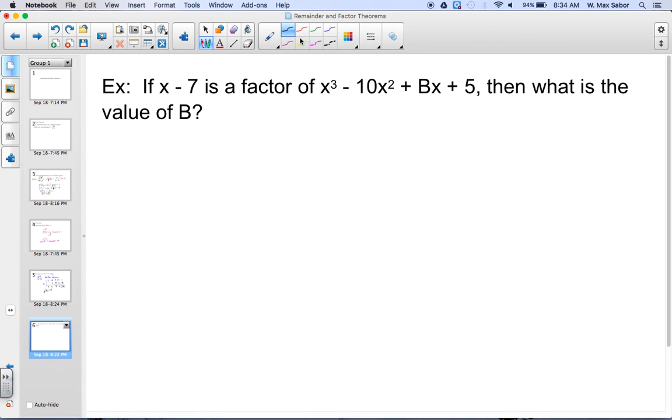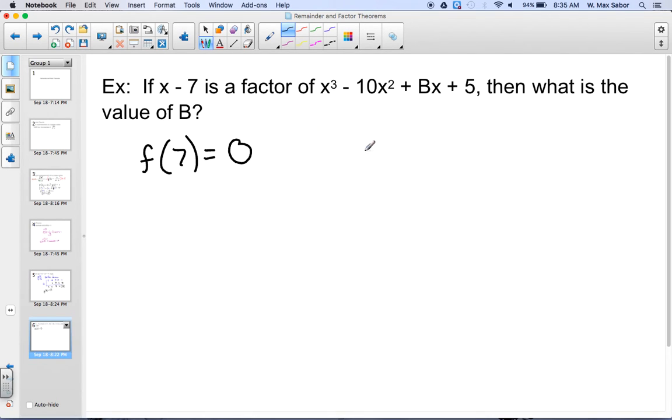If this is a factor of that polynomial, then what is the value of b? So in this particular case, instead of using the remainder theorem, I'm going to use the factor theorem. The factor theorem says that this is a factor if and only if f of 7 equals 0. So once we know this, then we know that f of 7 for this function equals 0.